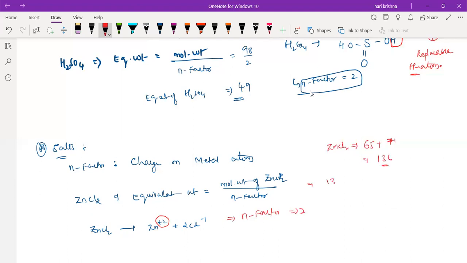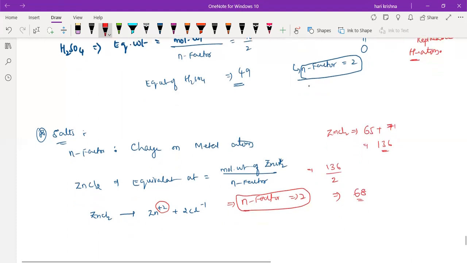So 136 divided by the n factor, which is 2, gives the equivalent weight of ZnCl2, which comes to 68. This is the way to calculate the equivalent weight of ZnCl2. Understood? Now we'll do one problem on this.